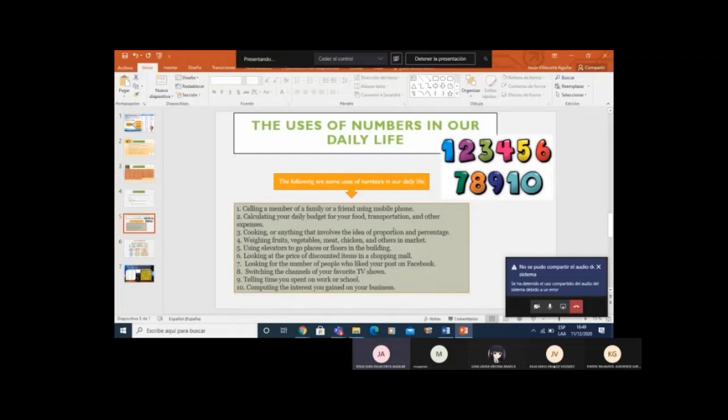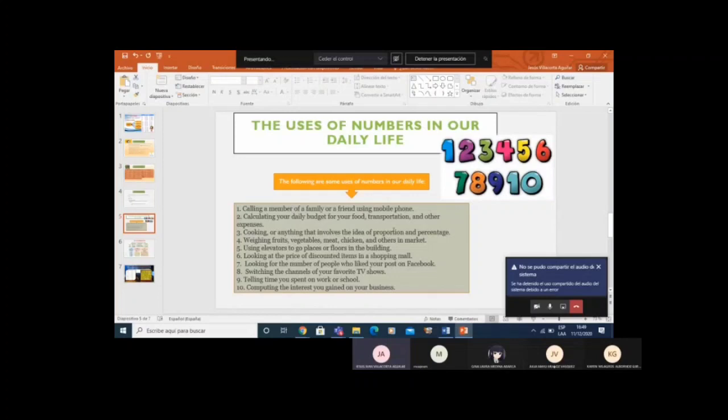Also for weighing fruits, vegetables, meat, chicken, and also using elevators, looking at a price, looking for the number of people who liked your post on Facebook, or telling the time you spent on work or school.